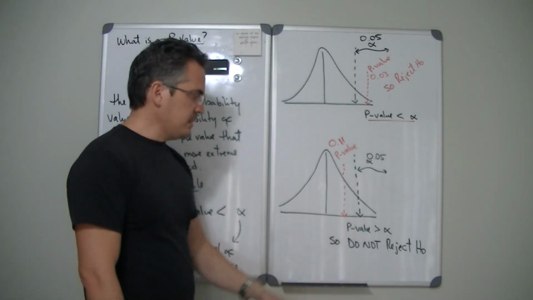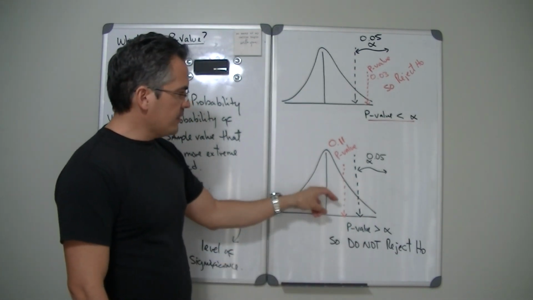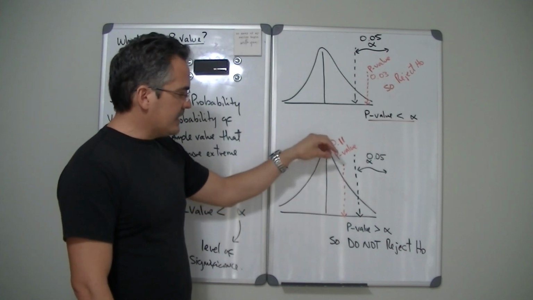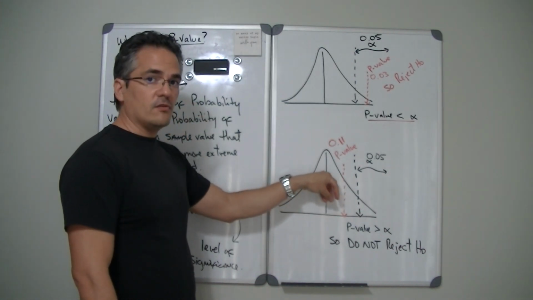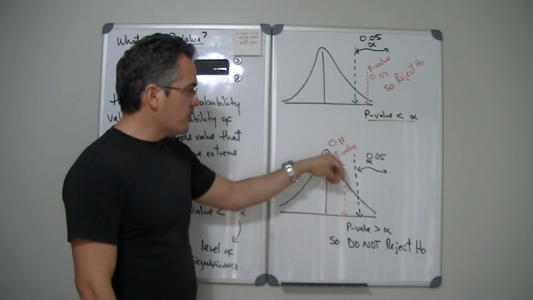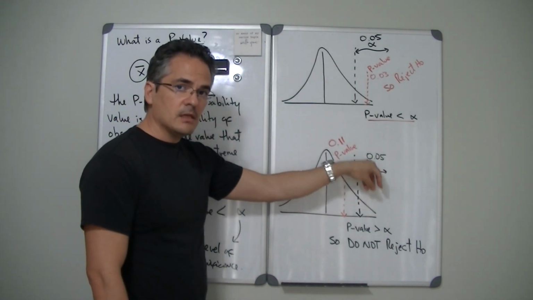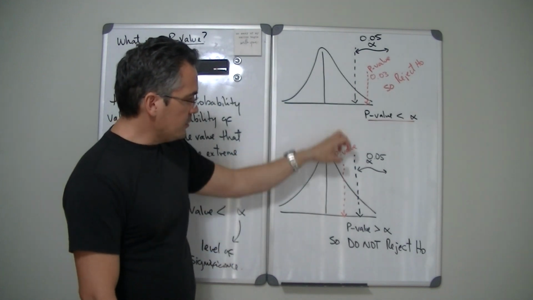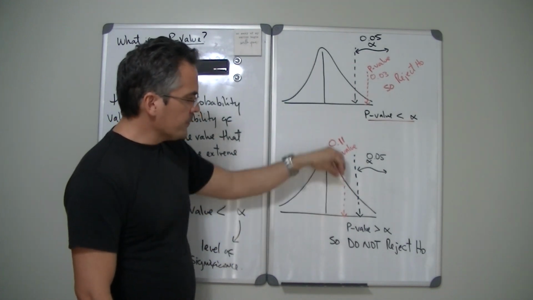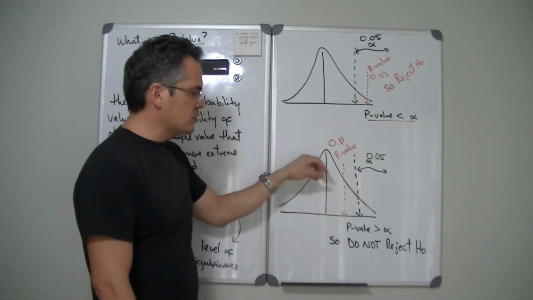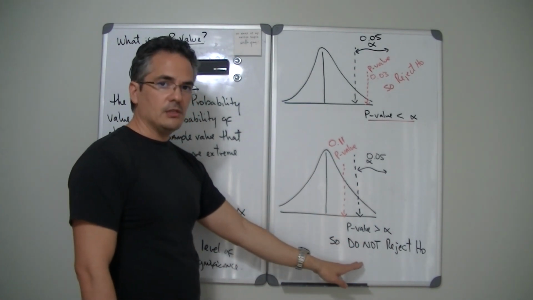And that basically means that you don't have enough evidence that the sample information that you collected has a lower probability than the alpha that you have selected. Therefore, your probability value is not lower than your alpha, so you do not reject H0.